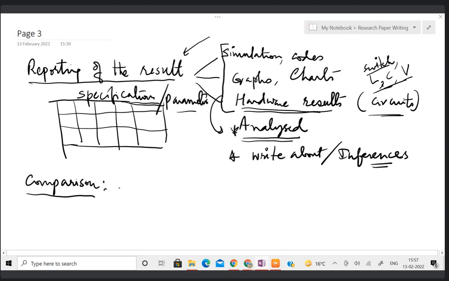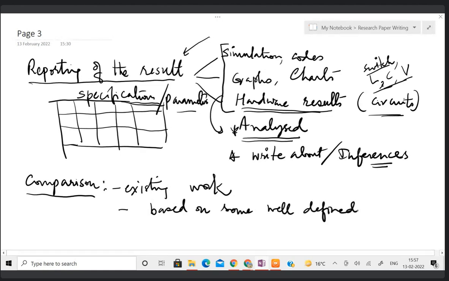Normally in any journal or conference paper, reviewers do ask for a comparison of the results with the existing work. And the comparison should definitely be based on some well-defined parameters.